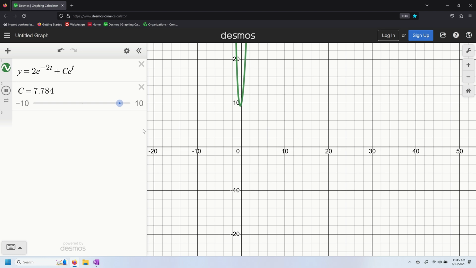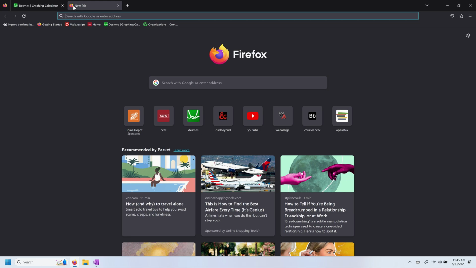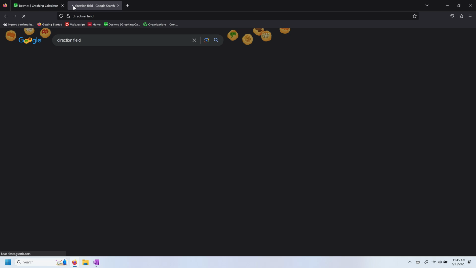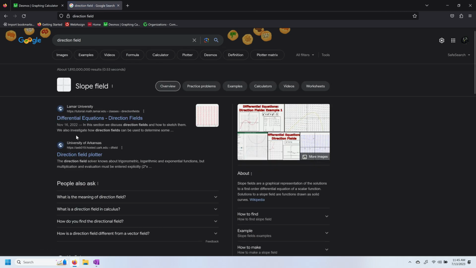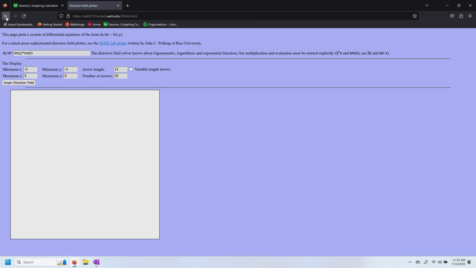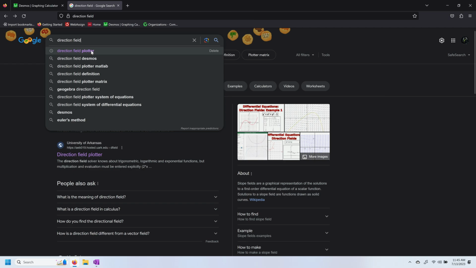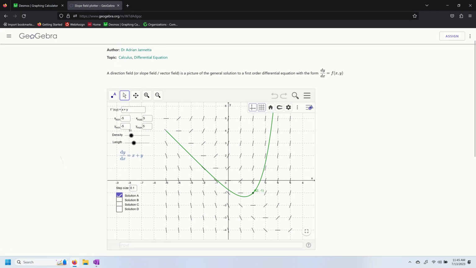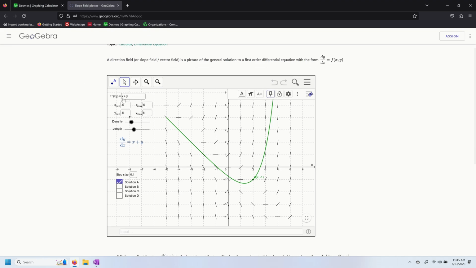All right. I don't want to jump too far forward, but I'm going to do this anyways because I want you to see what this looks like. When I graph a direction field, I'm going to graph our differential equation that we had previously.